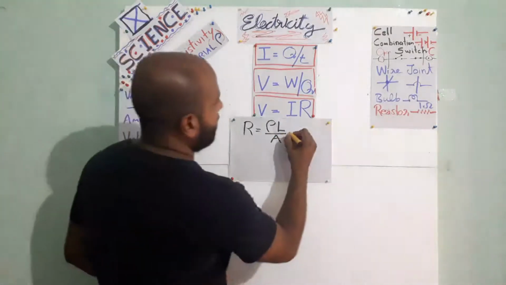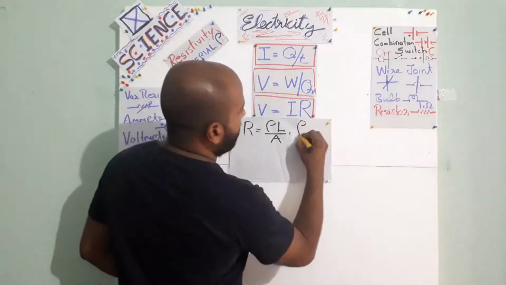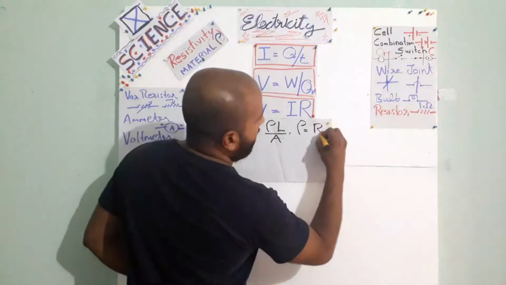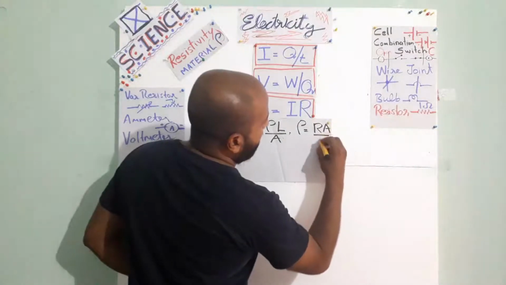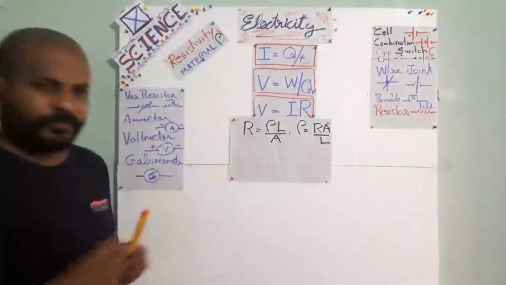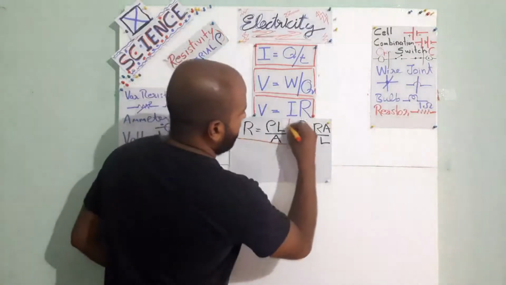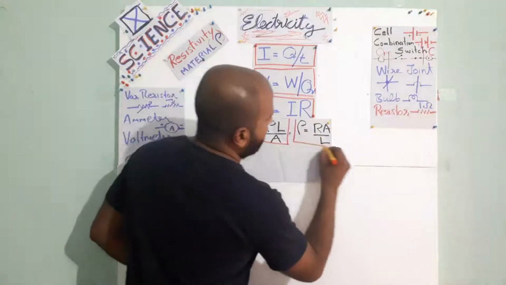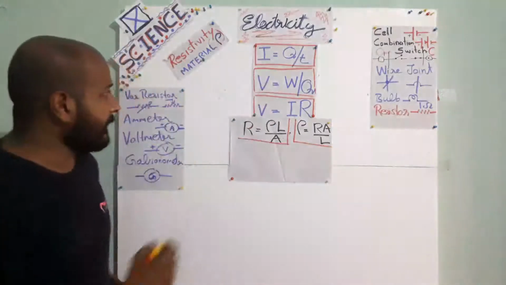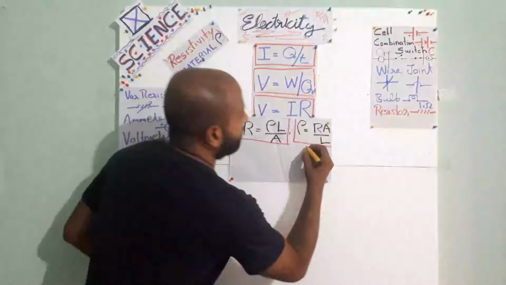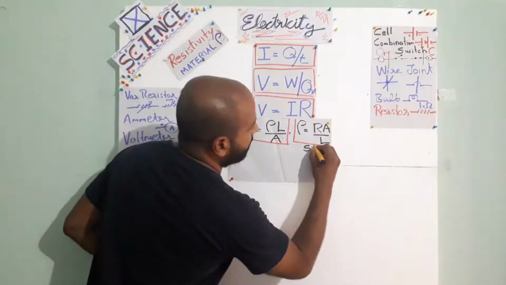From here we can say rho is equal to RA by L. Is it easy or not to derive equations like that? See, this is the first equation regarding resistance. This is the second equation regarding resistivity. And in this case, what metal we used? We used silver. Understood? Silver.